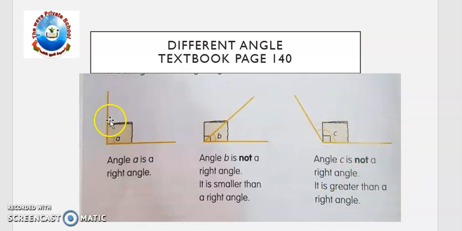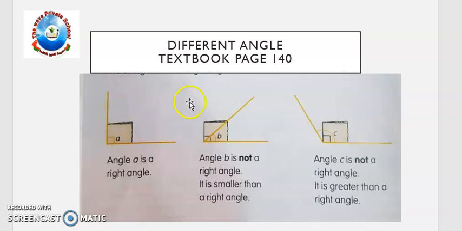So if this line comes on the right side, the angle is smaller than the right angle. And if this line comes to the left side, it is greater than the right angle. So for the left side it is greater, and for the right side it is less.